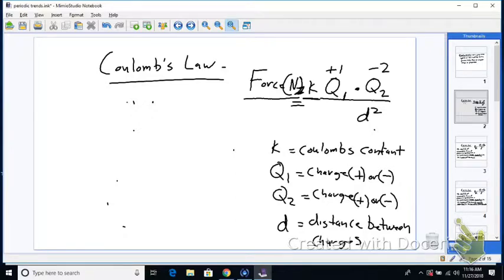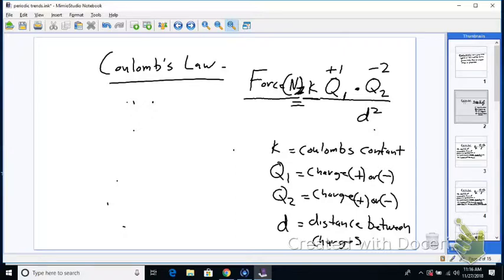Now this force, you say the sign, well that's a negative, but this charge doubled its original charge. And so the attraction force between the two will double. It's double the amount. It could be double the negative value. It doesn't matter. It's still double.